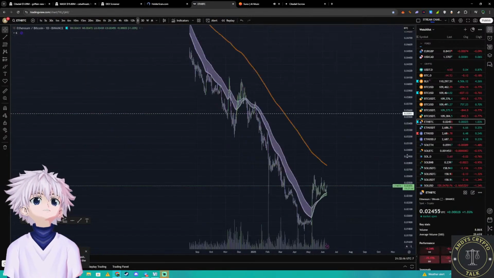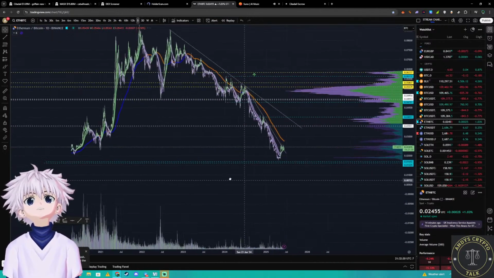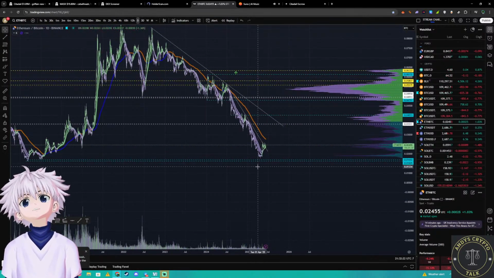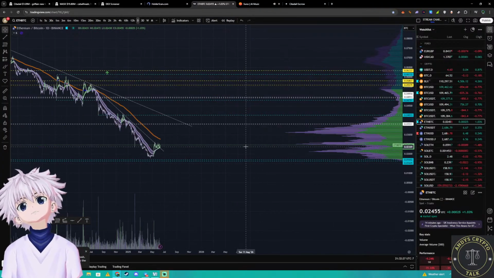ETH/BTC finally looking like it's coming out of the doldrums. This is a long time for it to be consolidating downwards and capitulating, I should say.